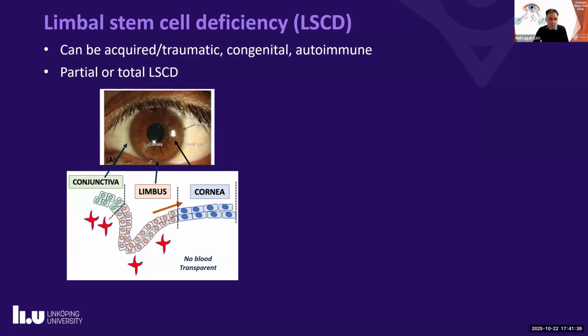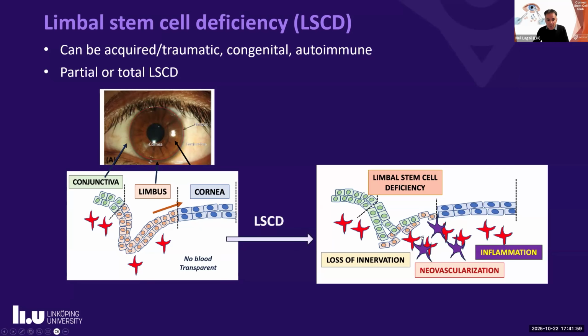And as previously explained, the limbus is a region just between the clear cornea and the conjunctiva, covering the white part of the eye, where there are specialized cells, including stem cells, that maintain the corneal epithelium for its transparency. However, in limbal stem cell deficiency, there's a disruption of these limbal stem cells, and they can no longer produce the transparent corneal epithelial cells.